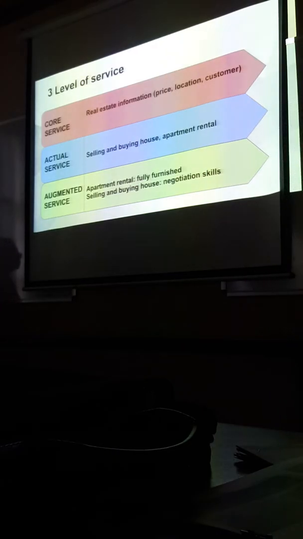And we have the actual service, which is the service that our customer can use. So we have two of them: property trade and apartment rental.